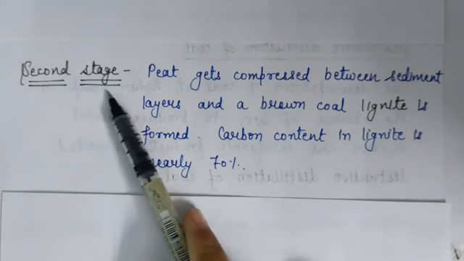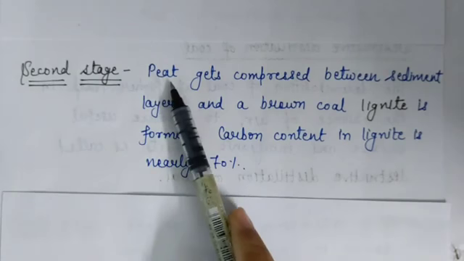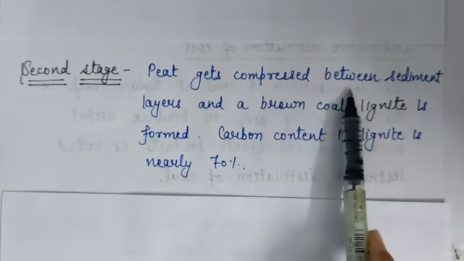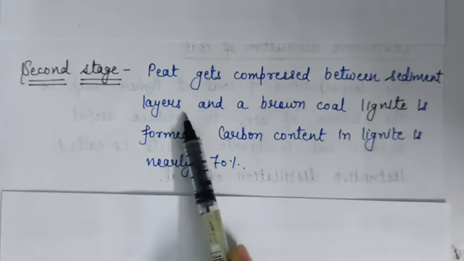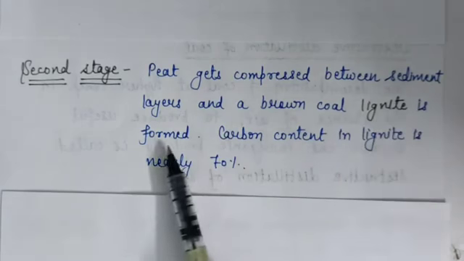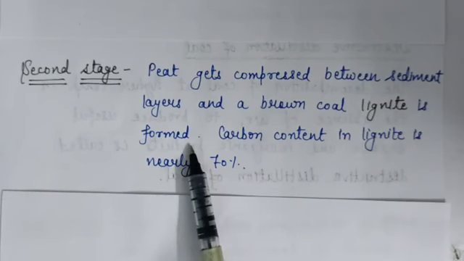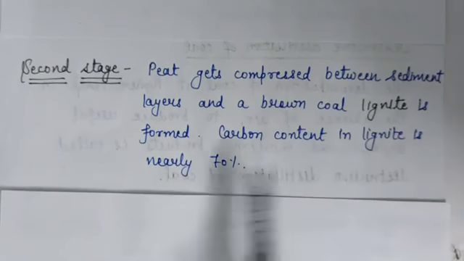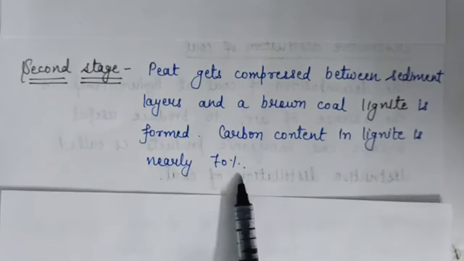Second stage is, in the first stage peat is formed, and after that peat gets compressed between sediment layers and a brown coal, lignite, is formed. This lignite consists of compressed woody matter with very little moisture, and carbon content in lignite is nearly 70%.